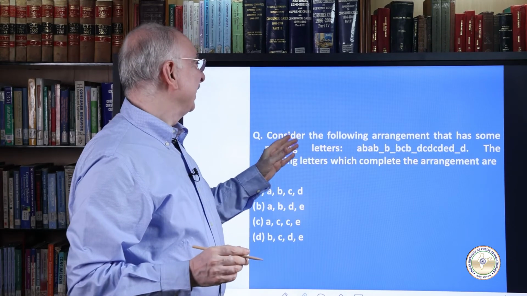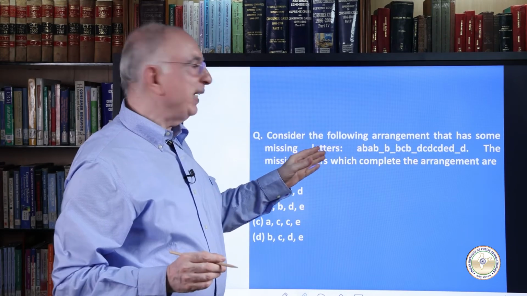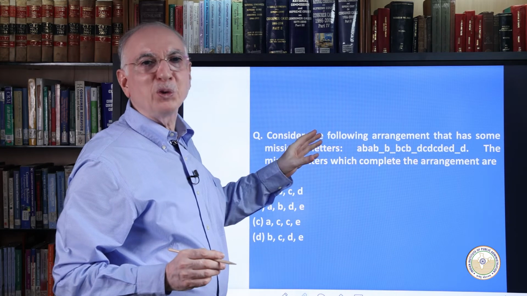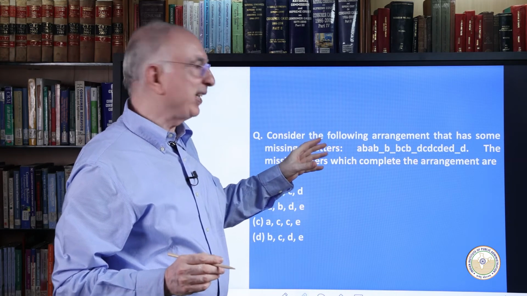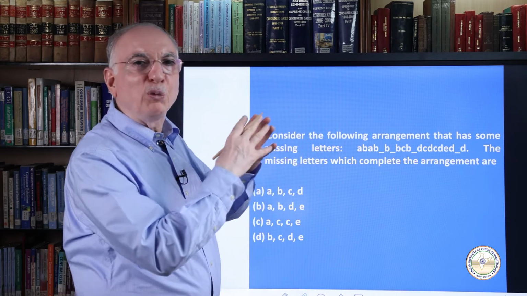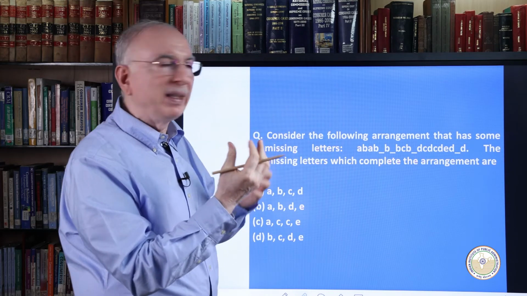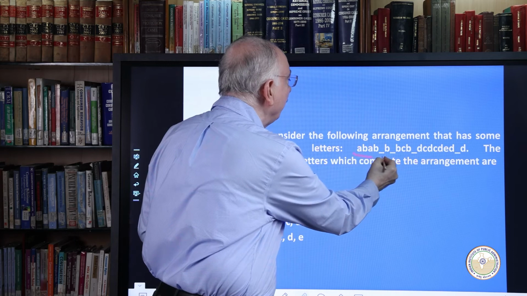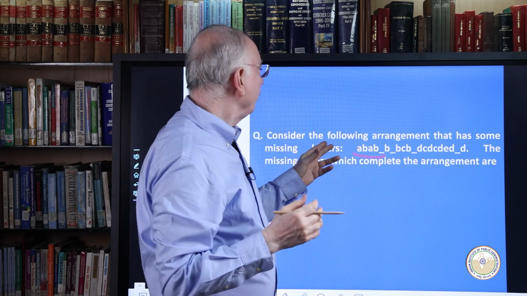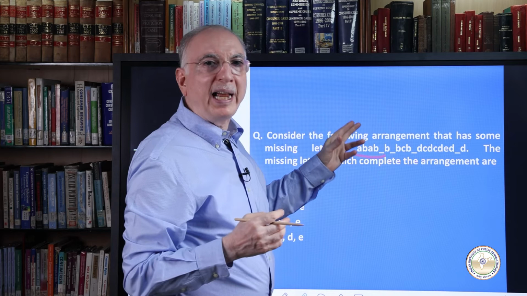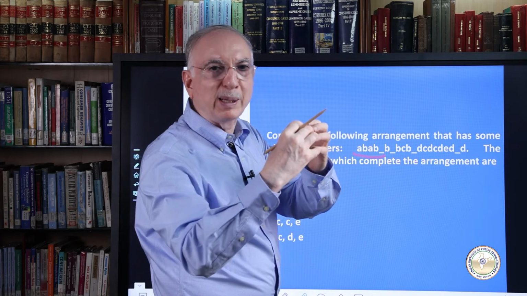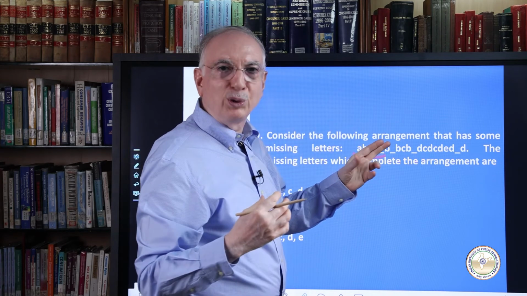Next question. This is the arrangement of some missing letters. In total there have to be 20 letters in this arrangement. The point to be noted, we have to break this arrangement into groups of 5, and in each group of 5 we have to notice that first, third and fifth are the same in each subgroup, and then second and fourth are the same.